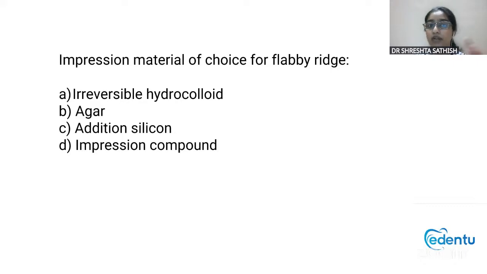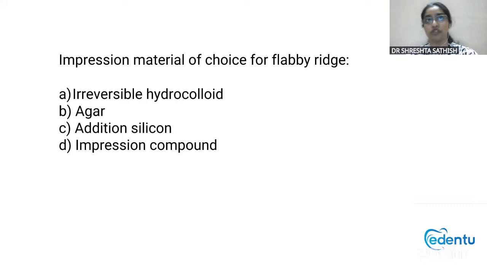Irreversible hydrocolloid, in this, yes, it is an option. You can make an impression with alginate, okay? But if there was an option of impression plaster, that would be your material of choice for a flabby ridge, okay?